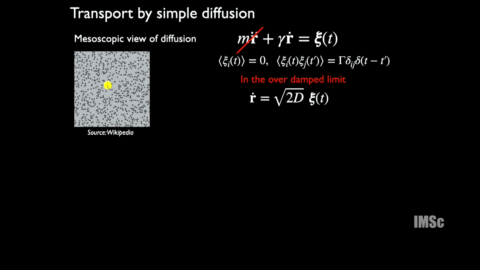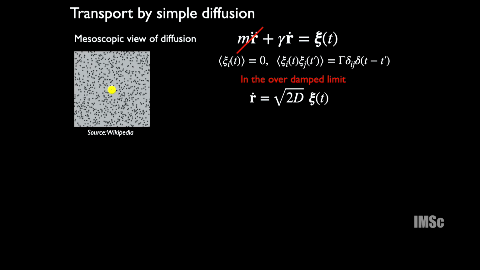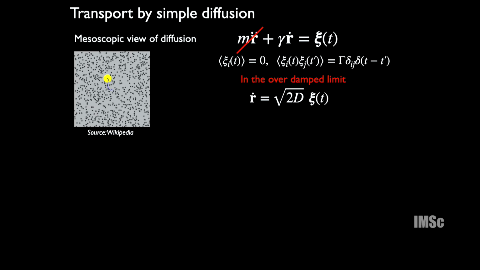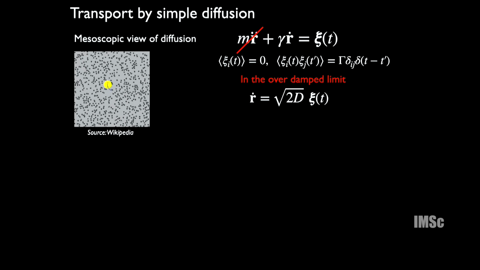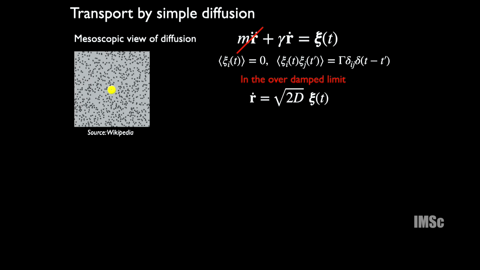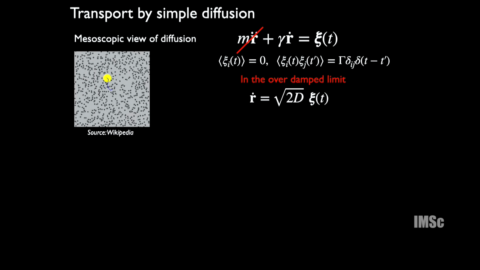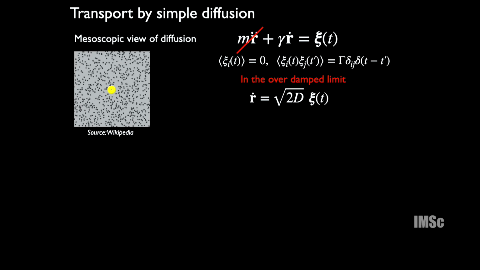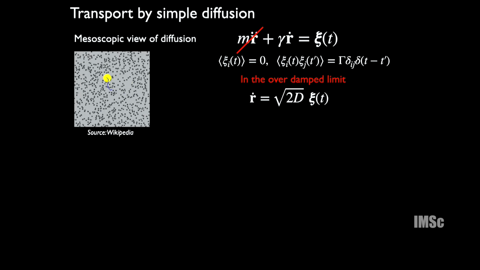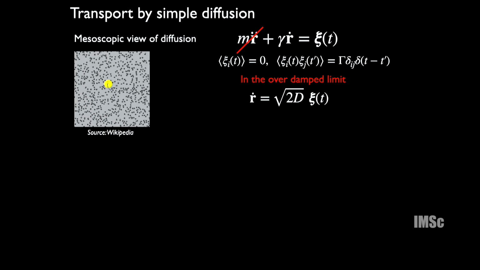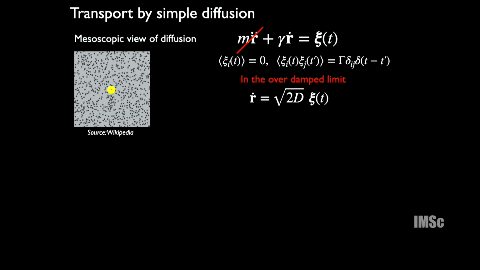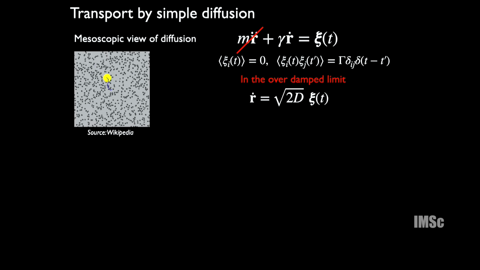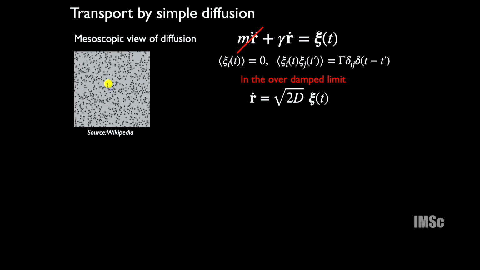So what is this equation? This is the same equation rewritten in this form, where the constant has been redefined, and there are valid reasons to write this constant in this way. This D is the diffusion coefficient, and I will explain it in a different way. What it means is that this psi(t) corresponds to the kicks this bead is getting from the fluid molecules, which are uncorrelated.